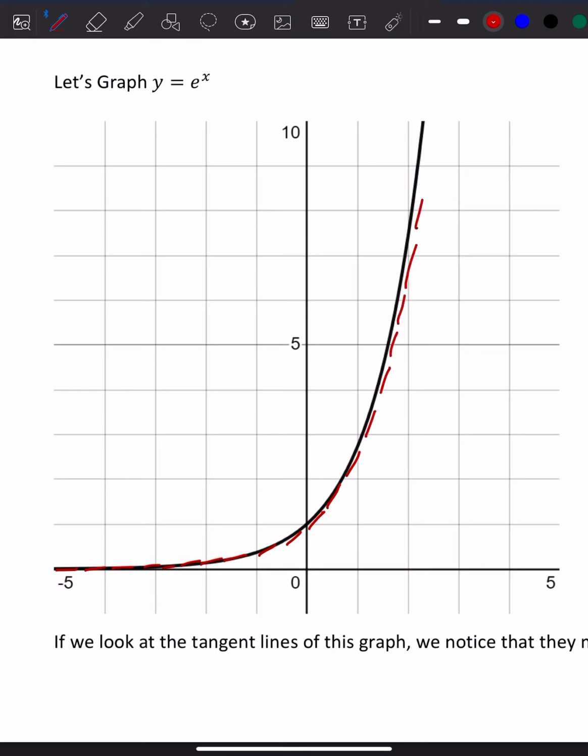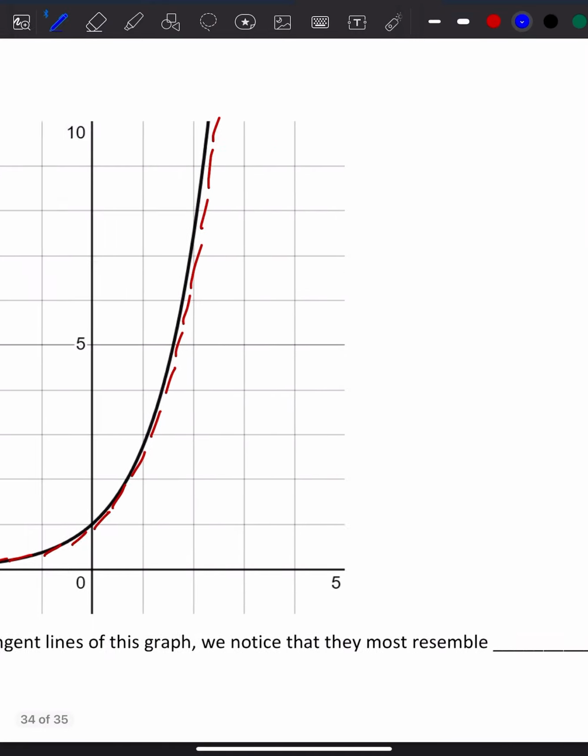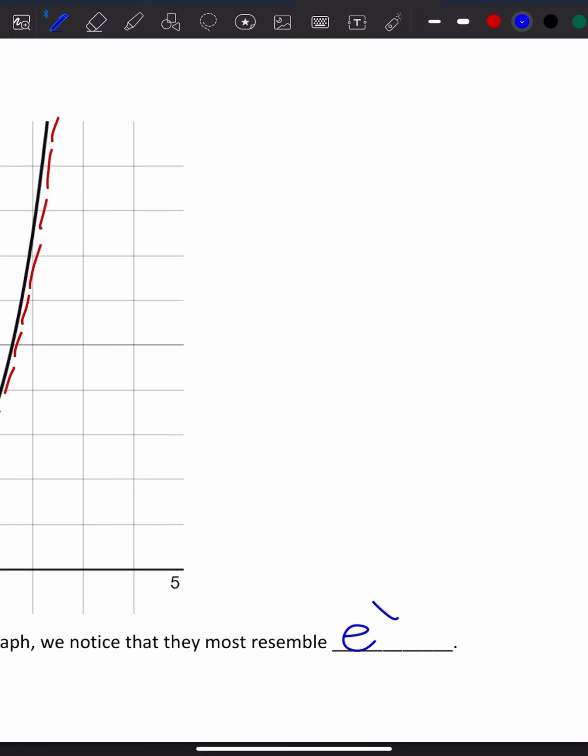And this leads us to the phrase, it grows exponentially. So if I were to map out these slopes, they would literally be on the same line. And so e to the x being e to the x is just one of my favorite things ever.